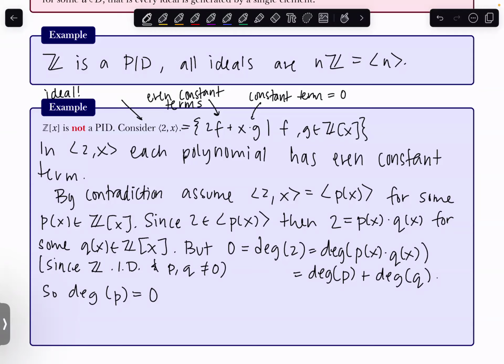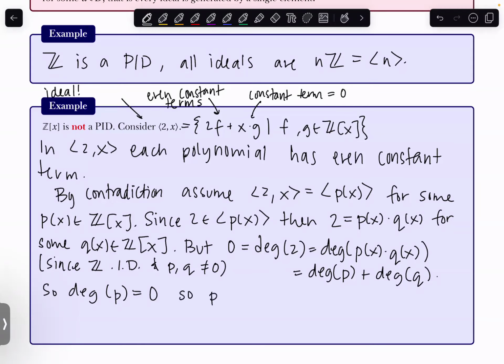And I need to be able to multiply it by something to give me back 2. So what would be my options here for what P could be? What integer can I multiply to give me back 2? What are my options here?